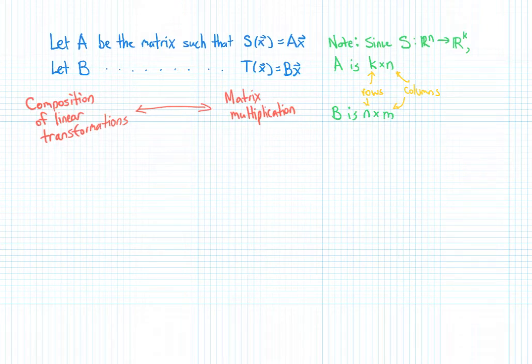We know that it exists, and we know that it's going to be useful because composition of linear transformations is a useful concept. But of course, we should ask the question, how do you compute it? So let's figure that out.